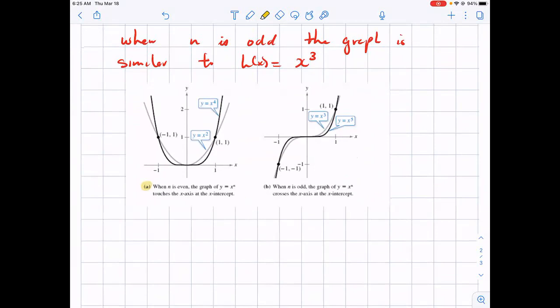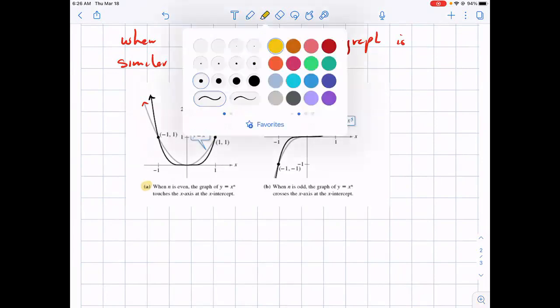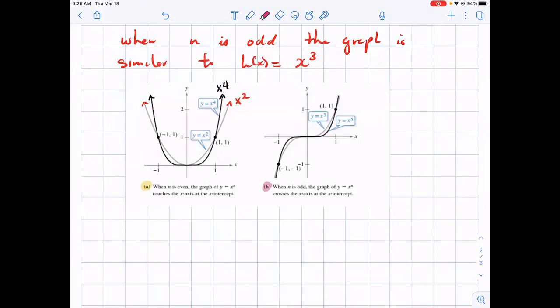Remember, it is continuous, and the dark color graph is x to the fourth. Notice that they're very similar in shape. They are parabolic. On the other hand, if you look at the cubic graph, x cubed, which is the light color graph, notice that they do intersect at some point, and the graph x to the fifth, they look very similar.